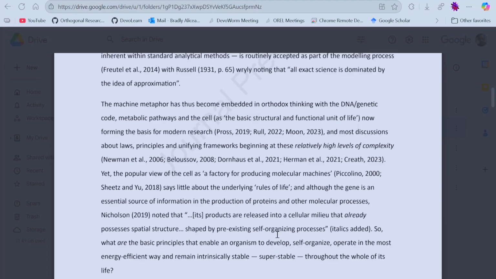So if you think about a cell, you have all these molecular processes going on, but there is already this spatial structure that exists. Sometimes it's compartmentalization. Sometimes it's just the way that things are organized within the cell, like organelles, or the process of cell division or whatever.